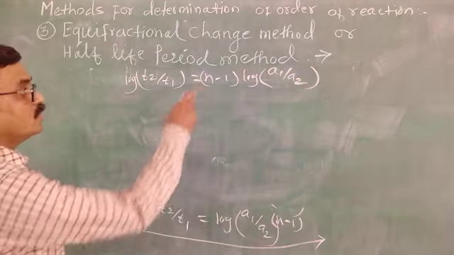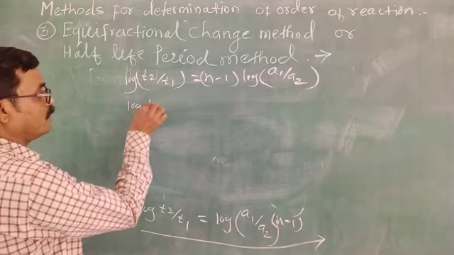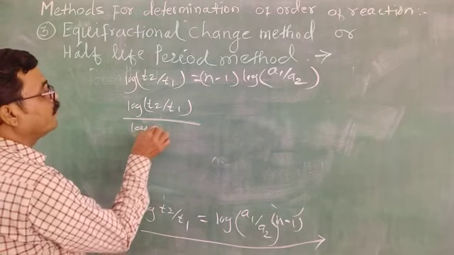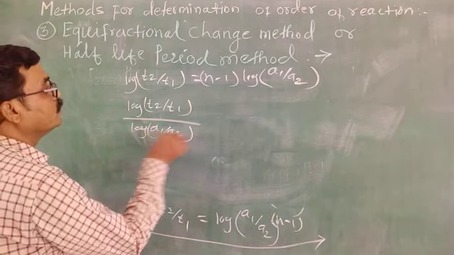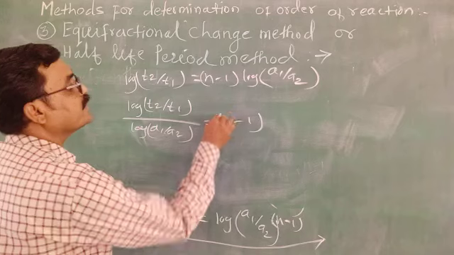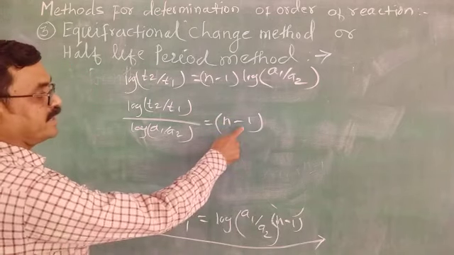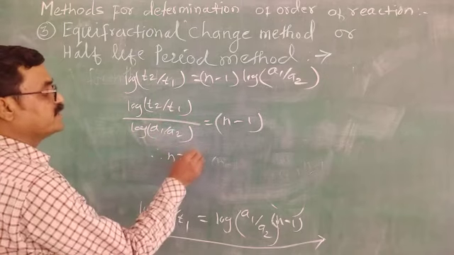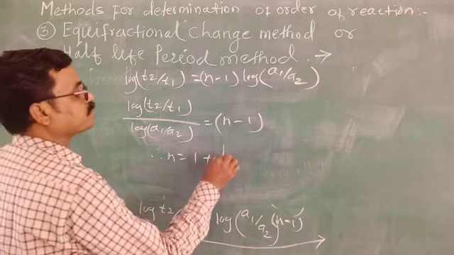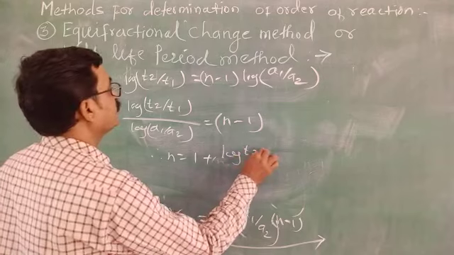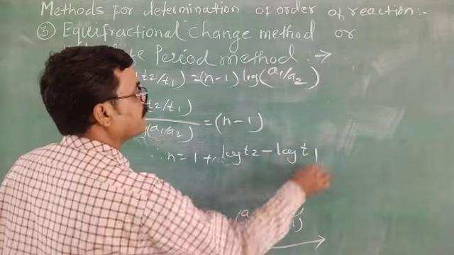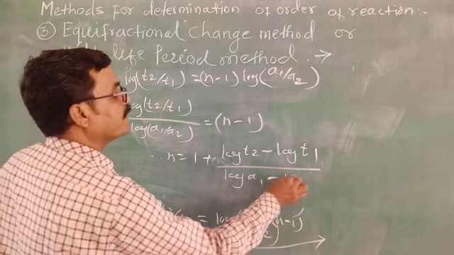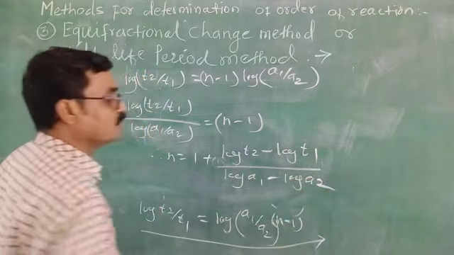Now from this, log of T2 upon T1 upon log of A1 upon A2 is equal to n minus 1. We have to find out n, that's why n equals 1 plus (log of T2 minus log of T1) upon (log of A1 minus log of A2), after expansion.